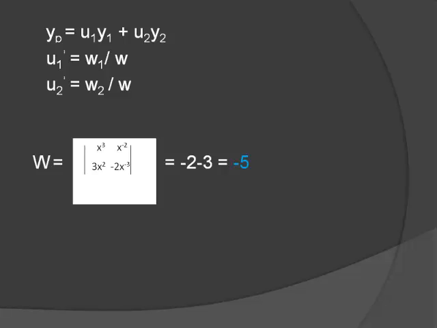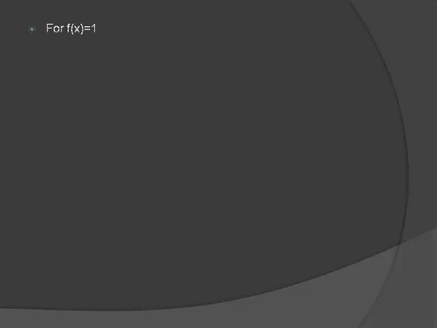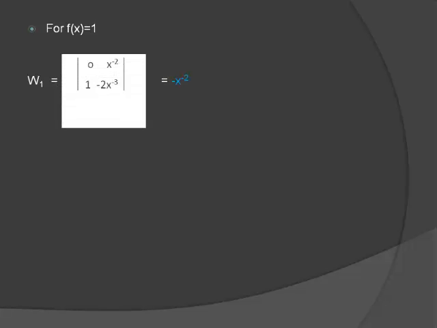That is our w. So for our f of x is equal to 1, we have 0, 1. Since our f of x is equal to 1, then our y2 and our y2 prime, so 0 times y2 prime is equal to 0 minus our f of x, which is 1, times x to the negative 2, so we can get negative x to the negative 2.